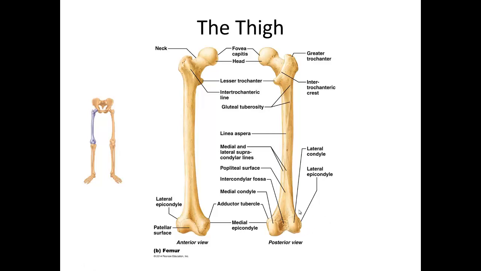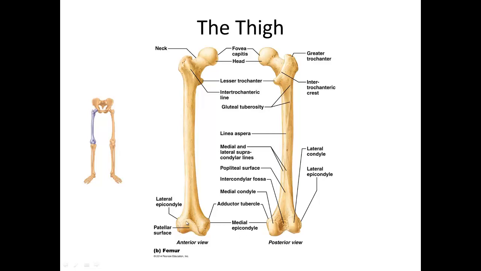And so just like the humerus, we have both a medial as well as lateral epicondyle. And just like the humerus, we know that the femoral heads have to be oriented medially to go into the coxal bones. And to distinguish between anterior and posterior views, we can actually look at the articular surfaces.